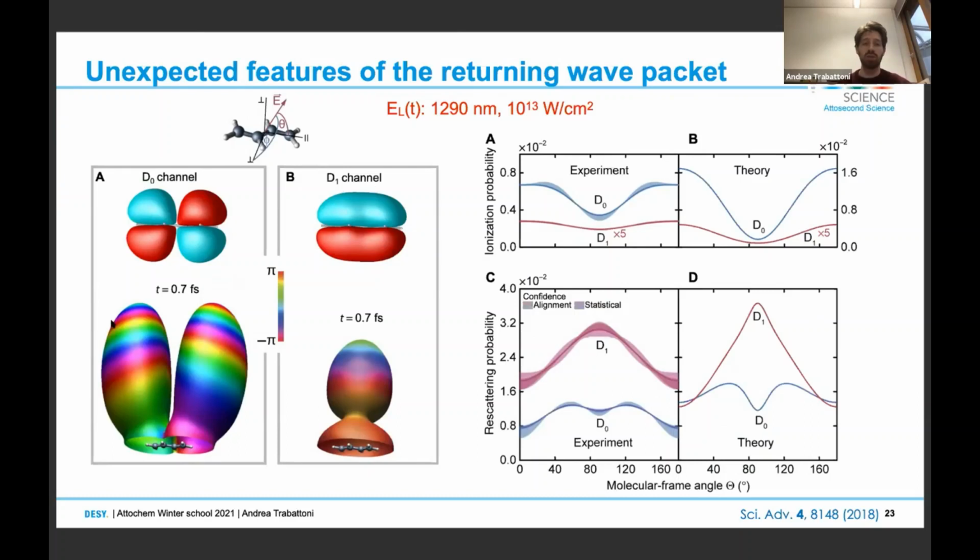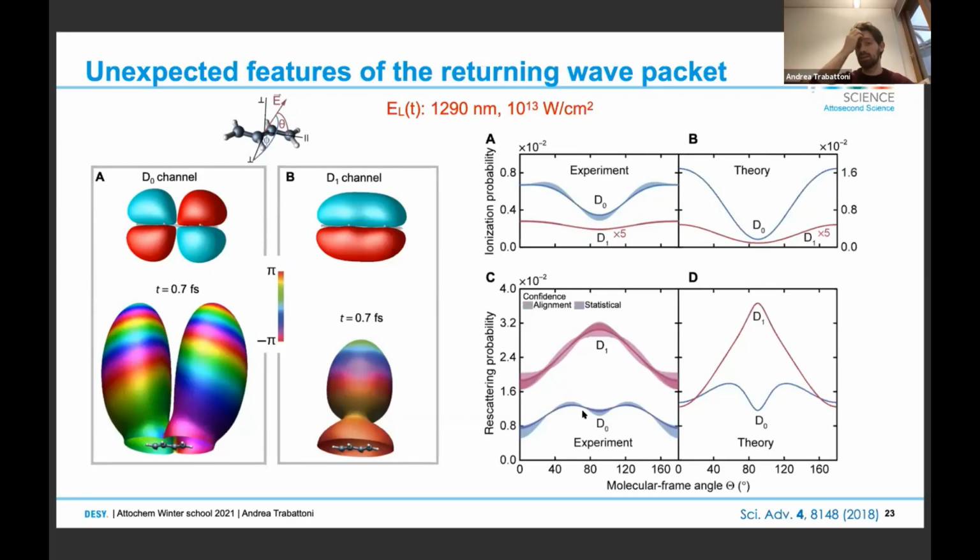Here you can see the computation of the outgoing electron wave packet, which is really different for the two orbitals. This is due to the imprinting of the symmetry of the orbital in the outgoing wave packet. This general concept has been known for decades, but they were really able to experimentally probe the ionization probability, but also the rescattering probability.